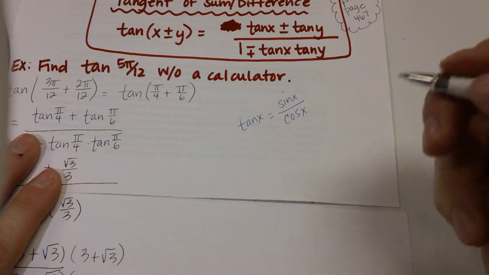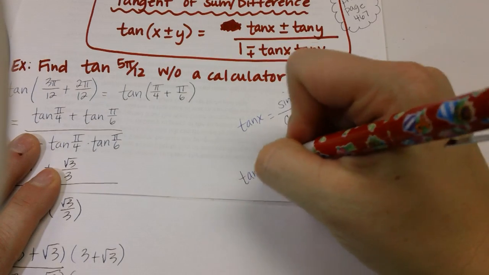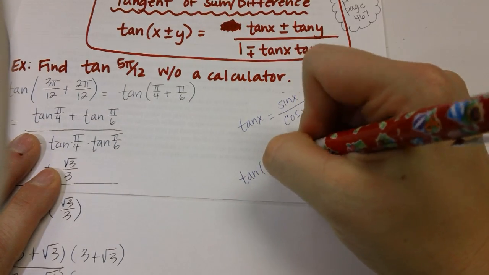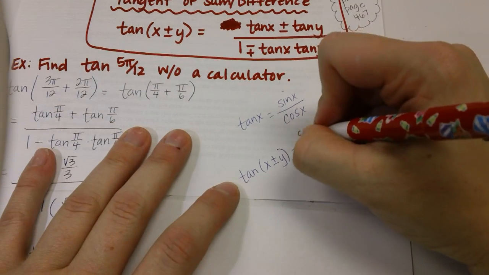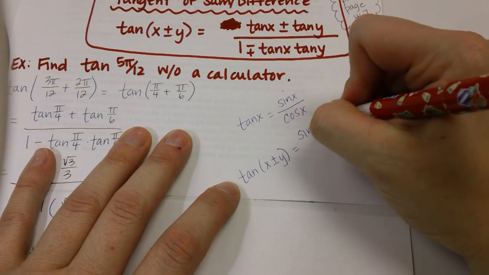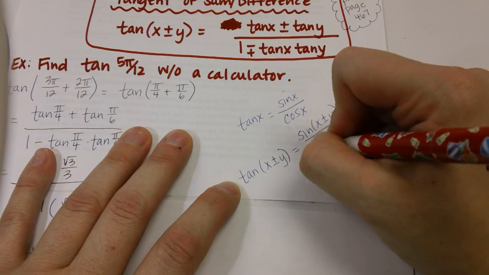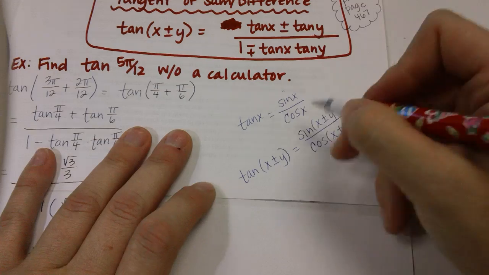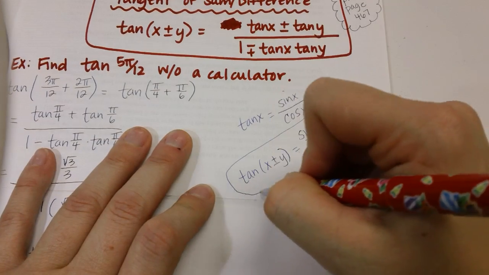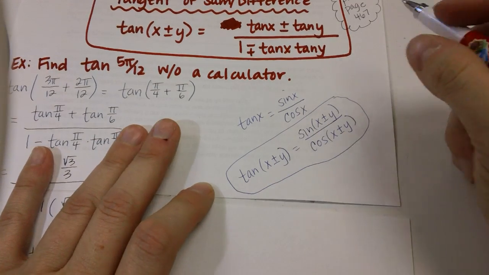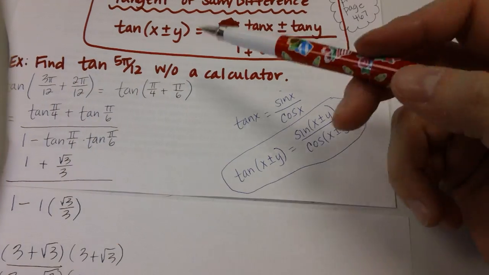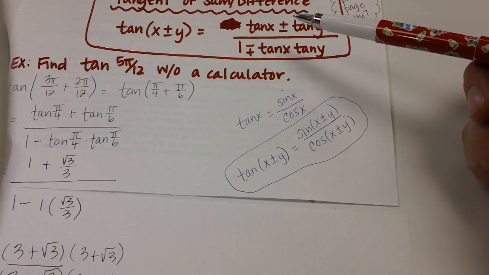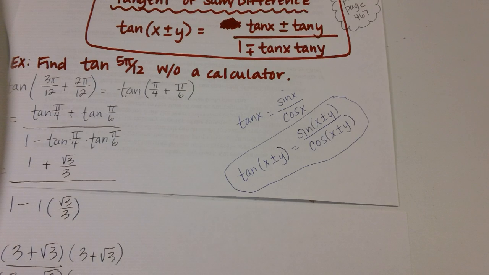So the tangent of x plus or minus y is equivalent to the sine of x plus or minus y over the cosine of x plus or minus y. If you think about this, it might be a little easier to solve this problem than going through the tangent of a sum or difference.